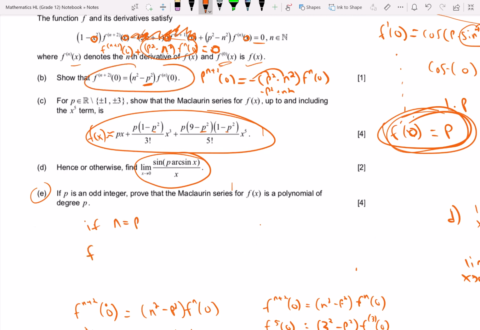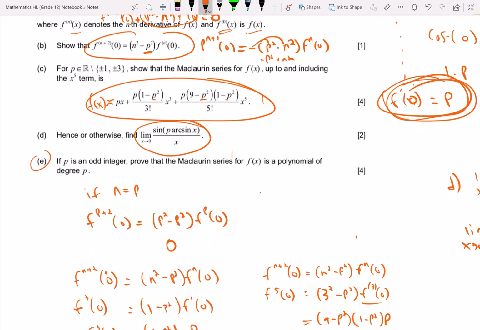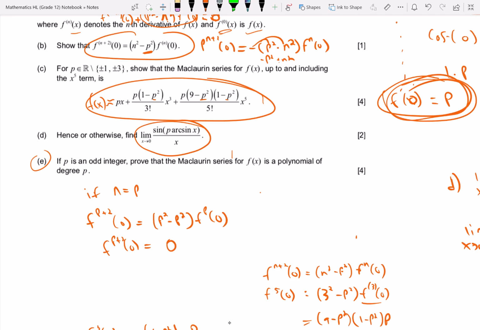Then f of p plus 2 evaluated at 0 is going to equal p squared minus p squared times f of p of 0. And p squared minus p squared is 0, right? So basically, once n is p, the p plus 2 one will always be 0, meaning after p, there are no more terms, right?